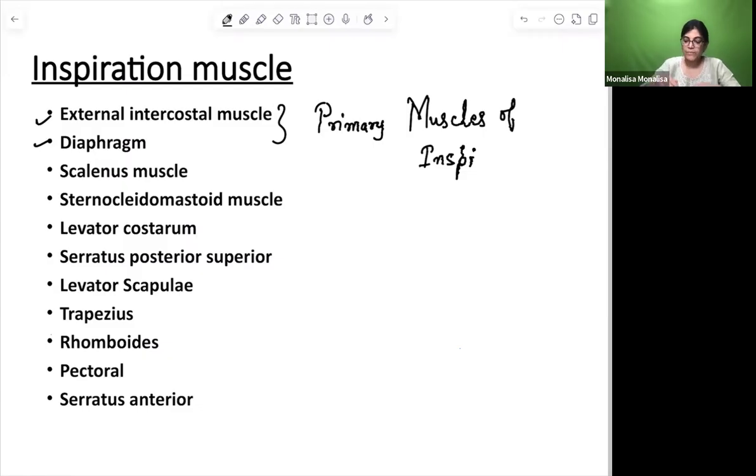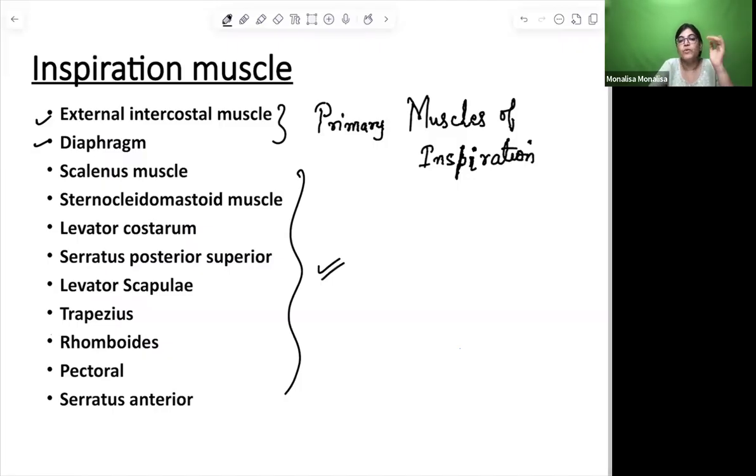External intercostal muscle and diaphragm are primary muscles of inspiration, and all the rest of the muscles you can see in this list are accessory muscles of inspiration.